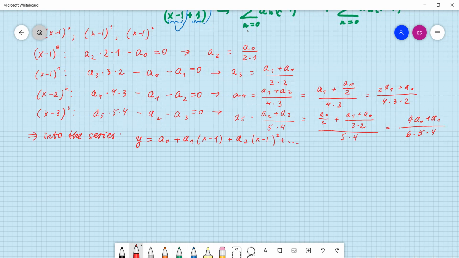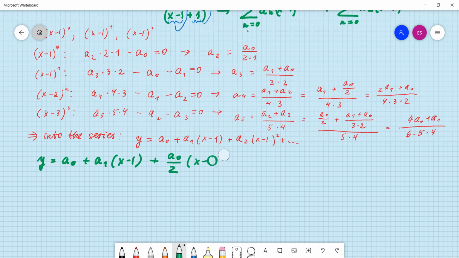Let me change the color. So I'm going to start over here. So a0 is just a0, right? Plus a1, I guess, is just a1. But I think a2 is already going to be expressed through a0. So I'm going to have a0 over 2 and (x minus 1) squared.